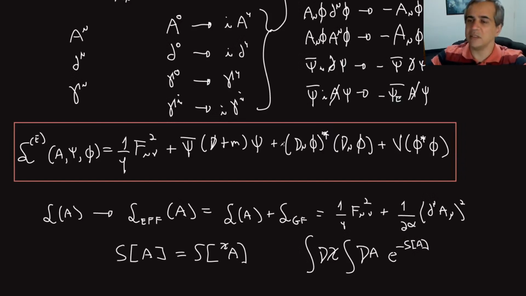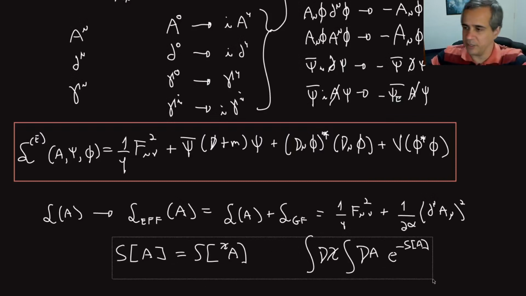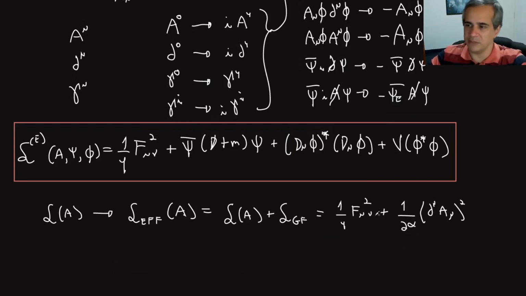This Lagrangian is gauge invariant as a whole. This piece is gauge invariant by itself, and this one too. Written in this form, each piece is gauge invariant. So I'm fine. I can do the same trick, and I'll get to the same result.